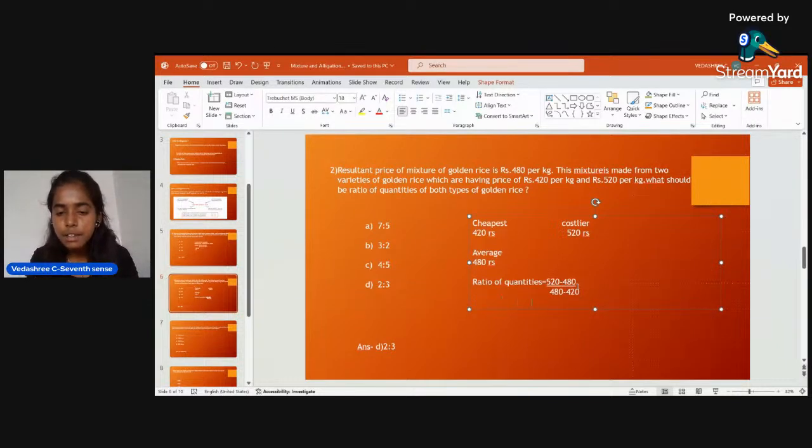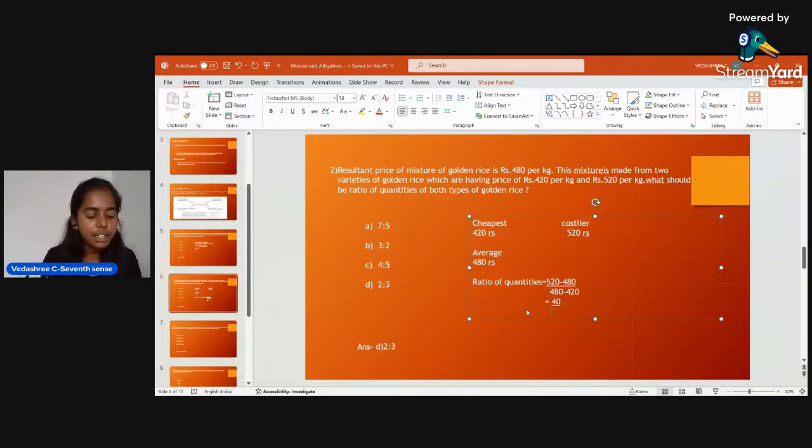So what will be the answer? 520 minus 480 is 40, and 480 minus 420 is 60.